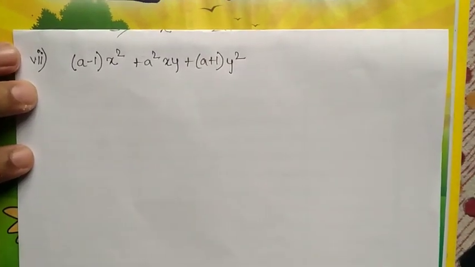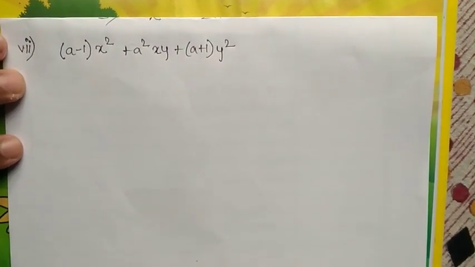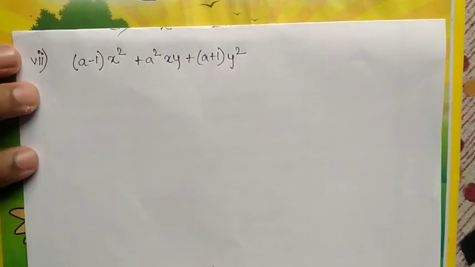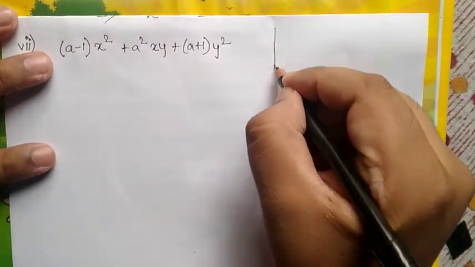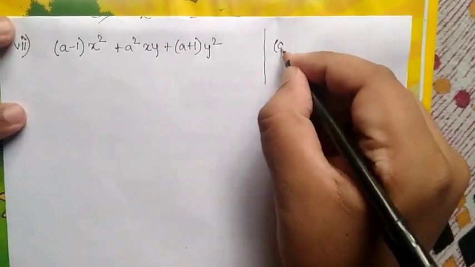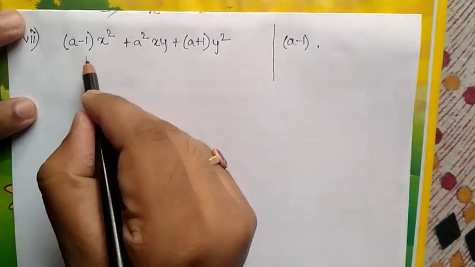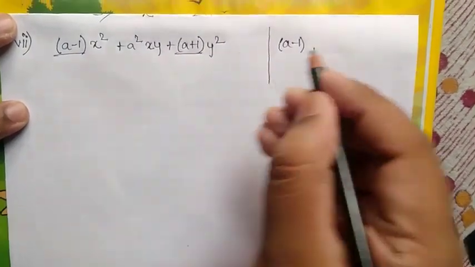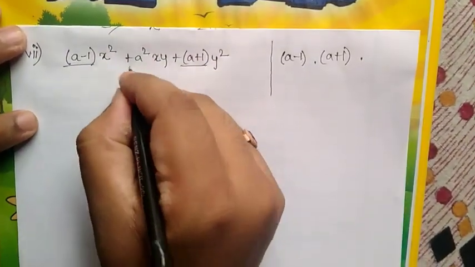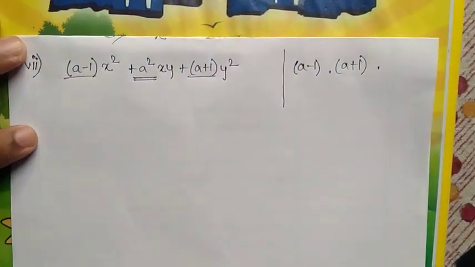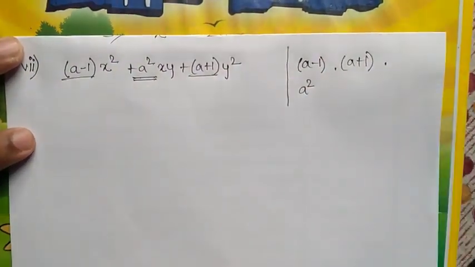This is sum number 7, exercise 8.5. This is also a tricky sum. Now here, first of all a minus 1 is a factor, this one, and a plus 1 is a factor, this one. Now we have to break the a square.